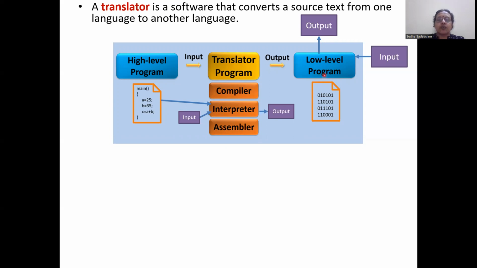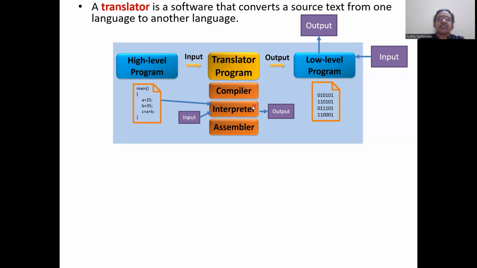To this code, we give the input to obtain the desired output. The third type of translator is an interpreter. An interpreter is a line-by-line compiler. So it takes as input both the source program as well as the input which is to be given. And then it compiles it line by line and produces the desired output.